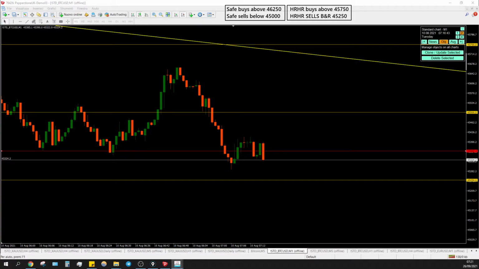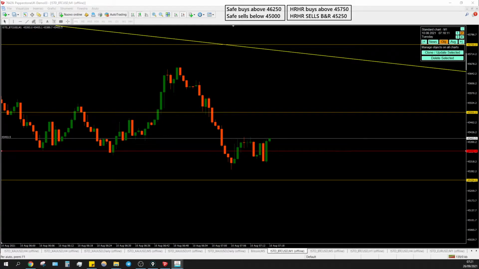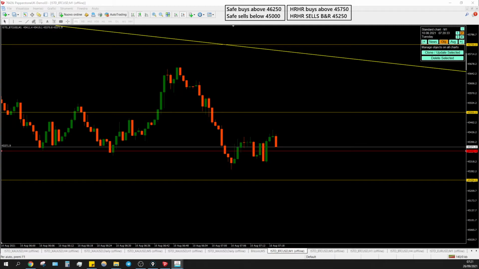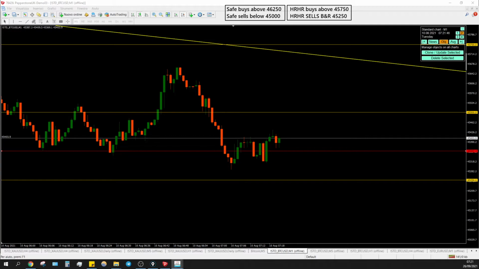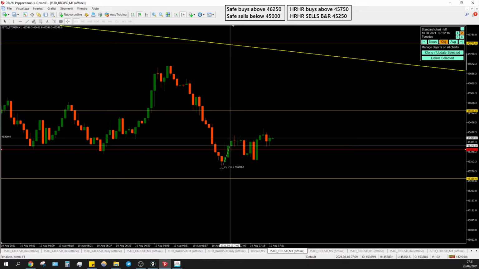Okay, very aggressive moves. We are closing above this level many times. You see that price would have never broken below these price points.